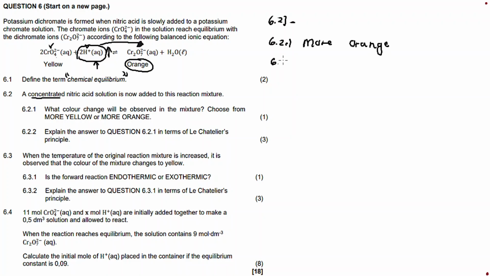Then 6.2.2. Why is that happening? Explain 6.2.1 in terms of Le Chatelier. It's the same thing I was trying to explain.